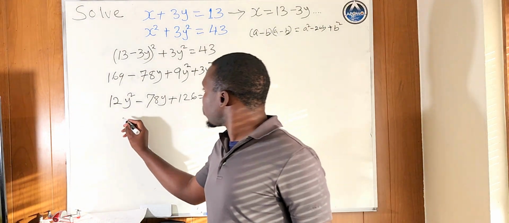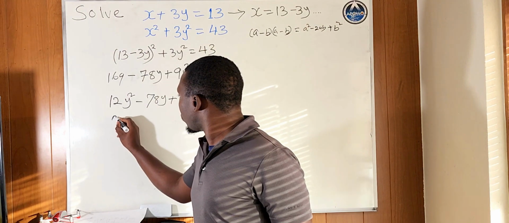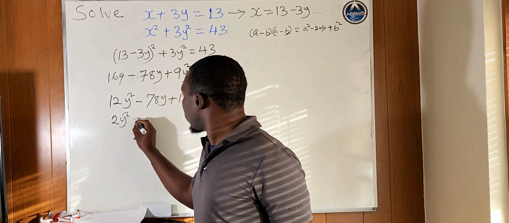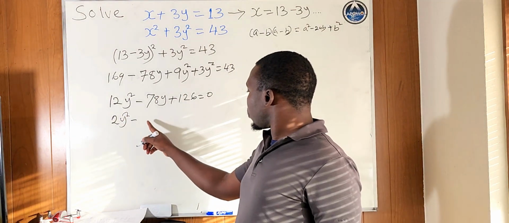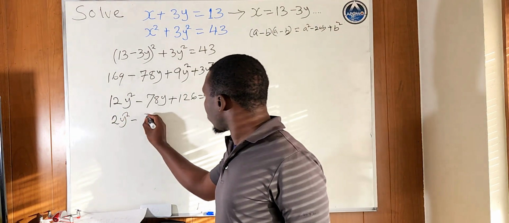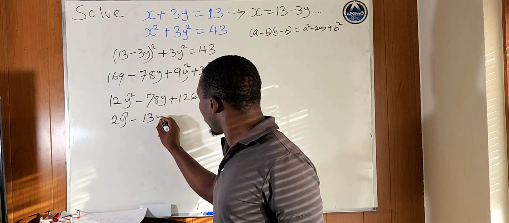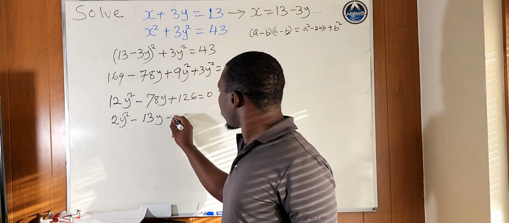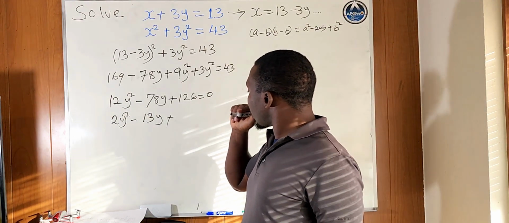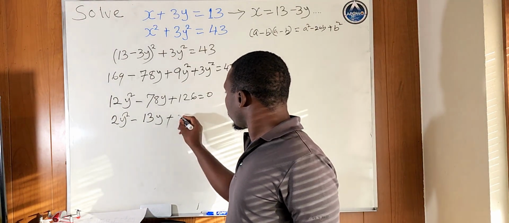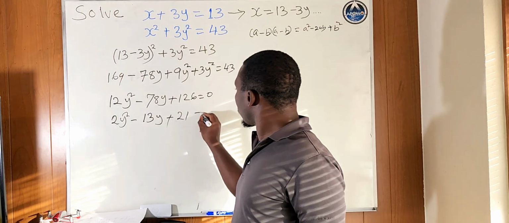If you divide by 6, you get 2y squared minus 13y plus 21 equals 0.